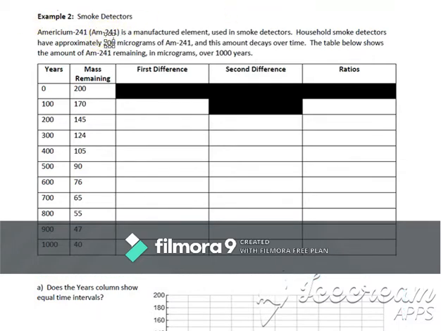If you pick up your smoke detector, it has an expiry date on the back of it, because it decays over time. It starts with 200, just as an example. The table below shows the amount of Am-241 remaining in micrograms over 1,000 years.